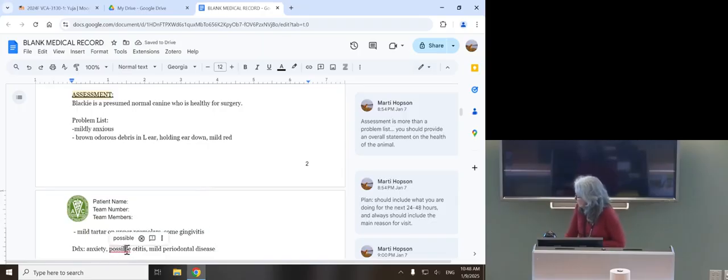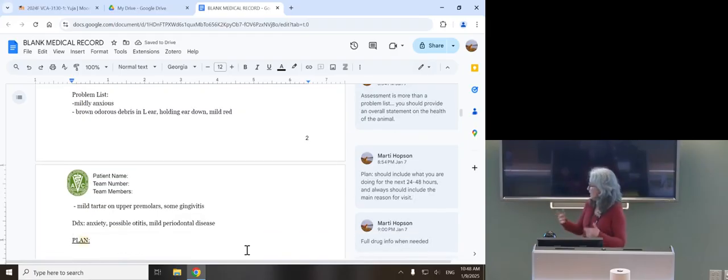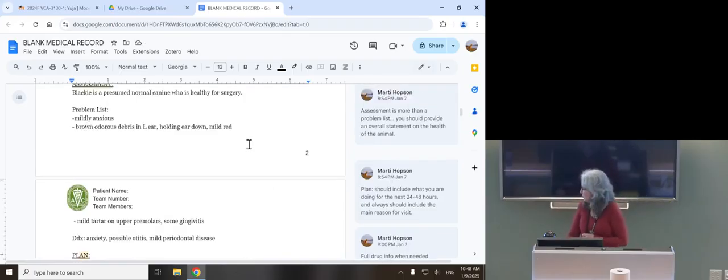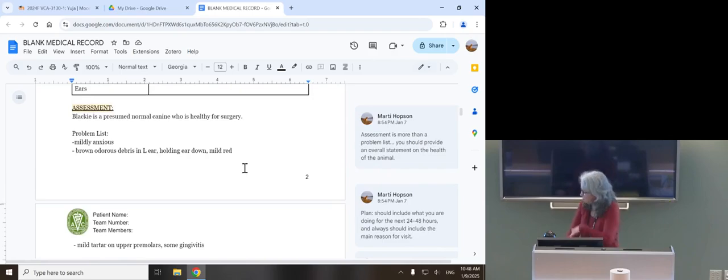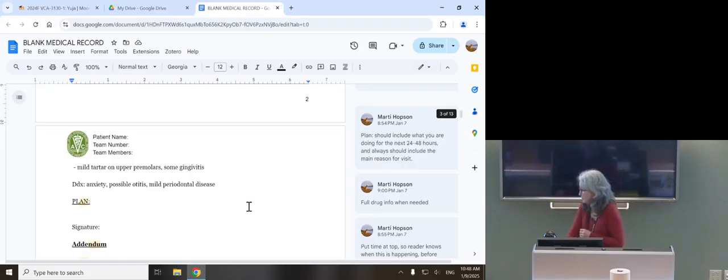That's great. This will be really helpful when somebody's reading this record, and particularly if it's an animal that's sick. You would want to list your problems, and then, yes, you could move on to assess them, but you don't want to make any conclusions about true diagnoses if you don't have the data that you need, if that makes sense. Yes?